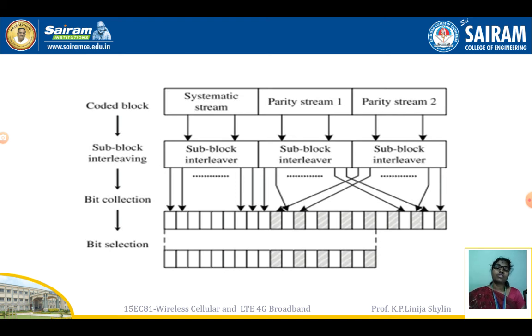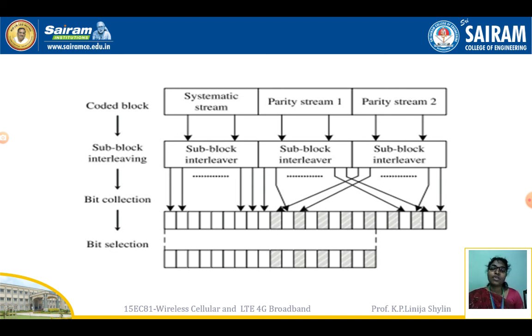First the collection is over, and the next is bit selection. Why do we want to select the bits? Is there a need to select the bits, or can you pick the bits randomly? No, we want to select the bits because it is an output sequence of bits.